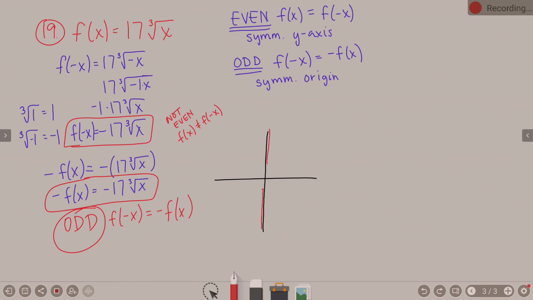Now, with just that little bit of knowledge, though, you can already say it's not even, yes? Because this does not look symmetric across the y-axis. Could it be symmetric across the origin? It could be. Okay, and that's what odd is. I don't know, what worked? Did anyone get a decent graph? Zoom in does not do much for me. Unfortunately, my calculator's taking forever to graph this.